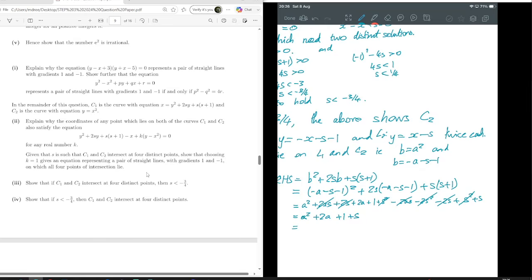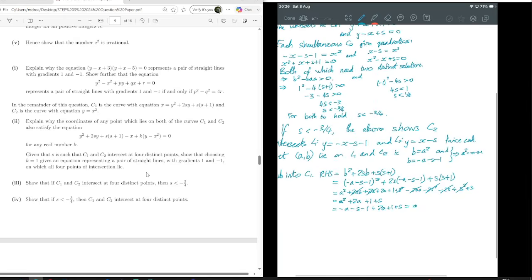Nice. So then the a squared, so together these do imply that the a squared is equal to negative a minus s minus 1. That's negative a minus s minus 1 plus 2a plus 1 plus s equals just a, which equals the left-hand side, i.e. AB lies on C1.